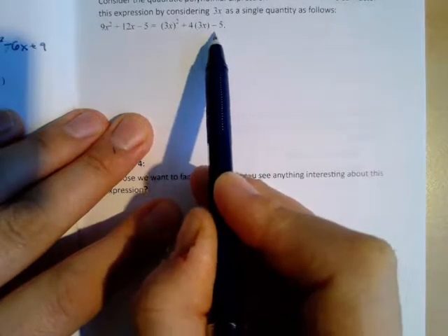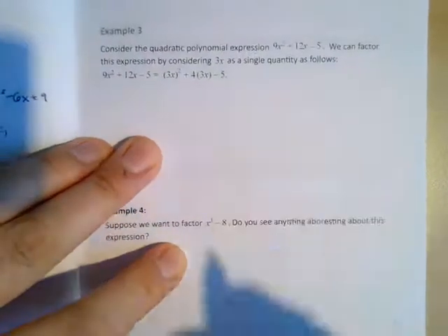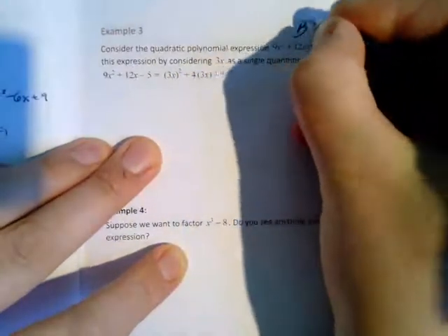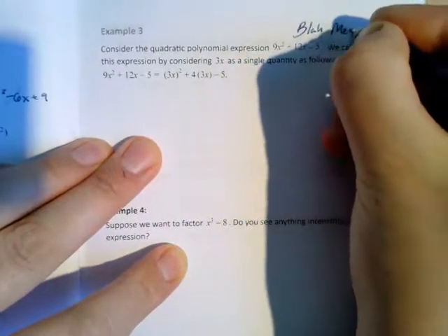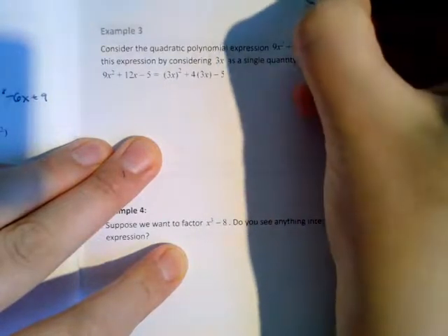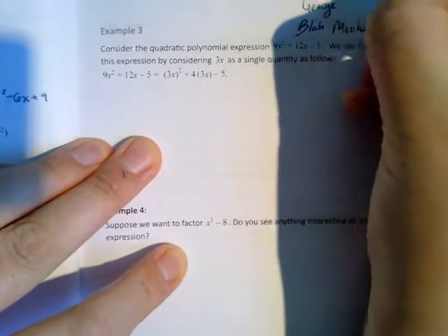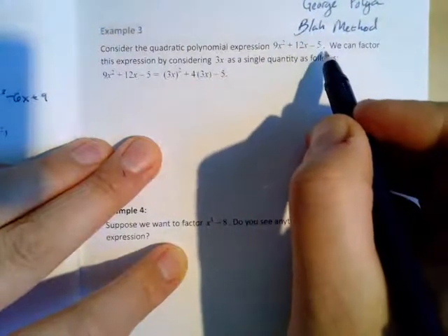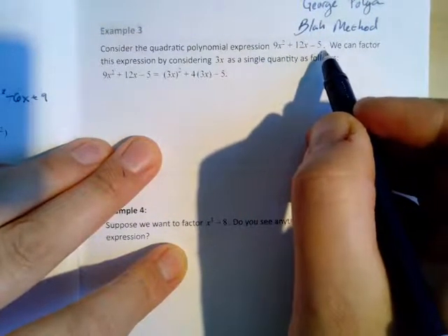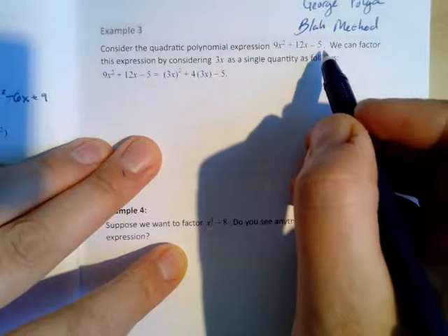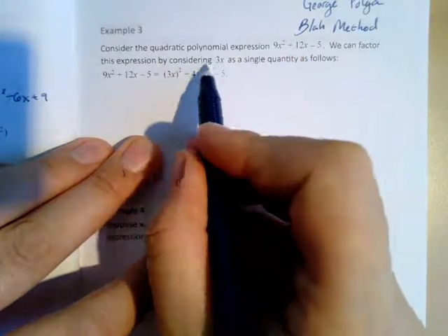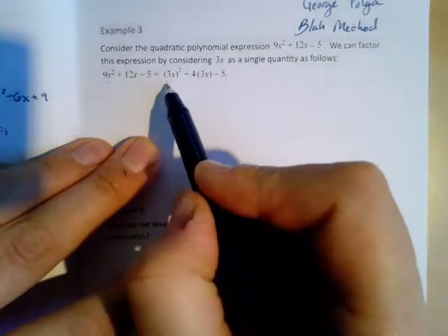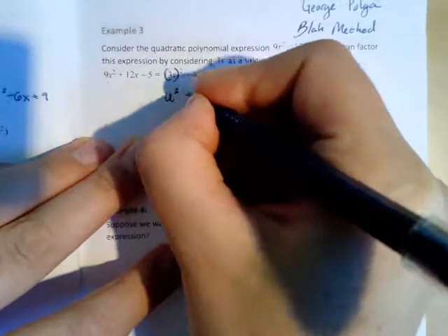This right here is what I like to call the blah method, where, as George Polya, the great mathematician, says, if you ever have a problem that you don't want to deal with and it's too complicated, then turn it into an easier one with the same structure. And this is what we did right here by thinking about 9x squared as instead this blah of (3x) squared, so that we can call blah, or u, u squared plus 4u minus 5.